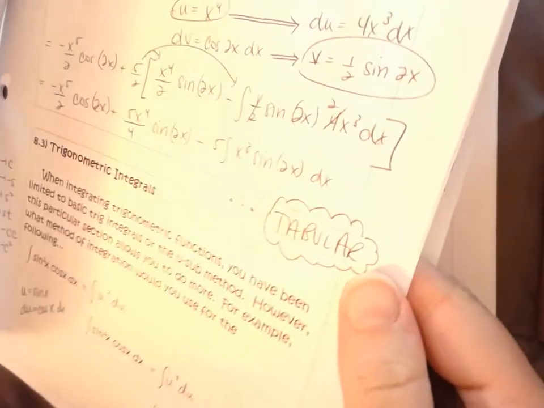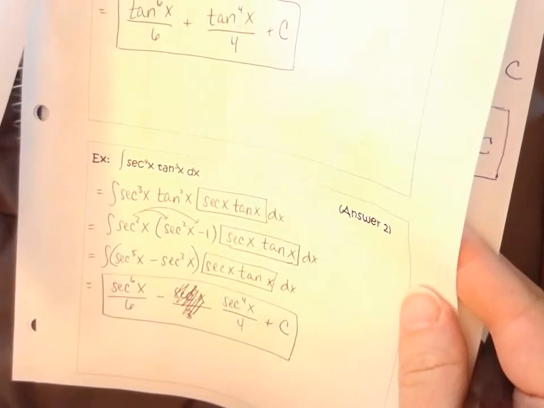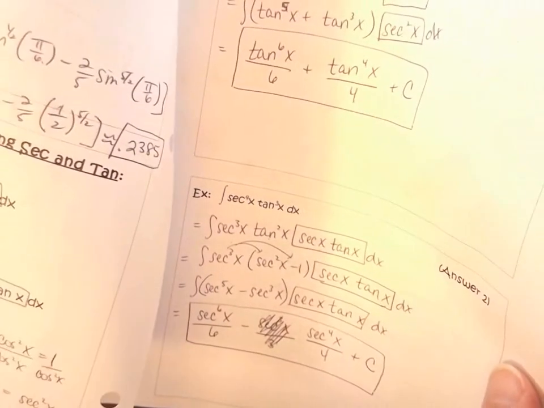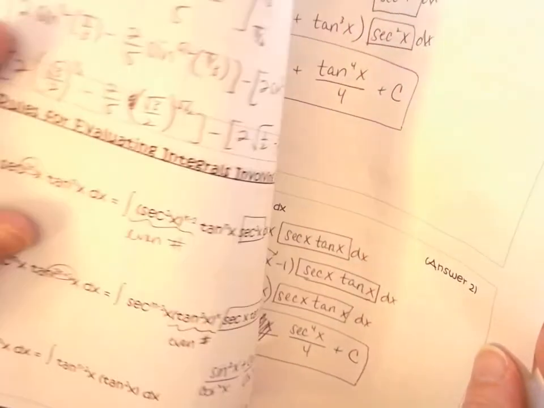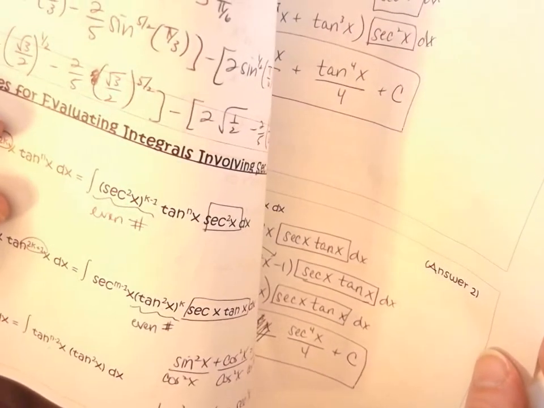I'm going to reference my notes and go back to 8.3, and it tells me what to do when I have an odd secant. Okay, it doesn't mention that. It mentions if you have an even secant, saving 2 secants, I'm on this page right here, rules for integrating.